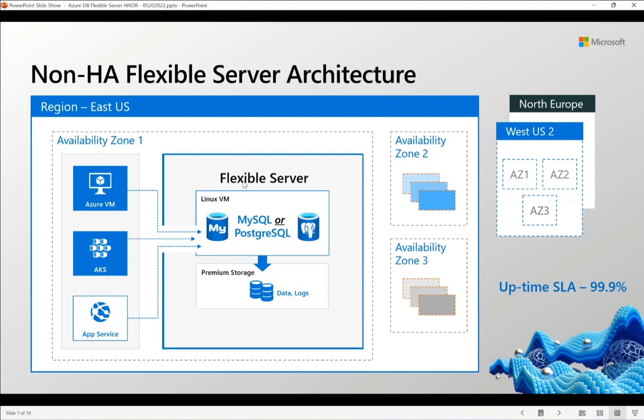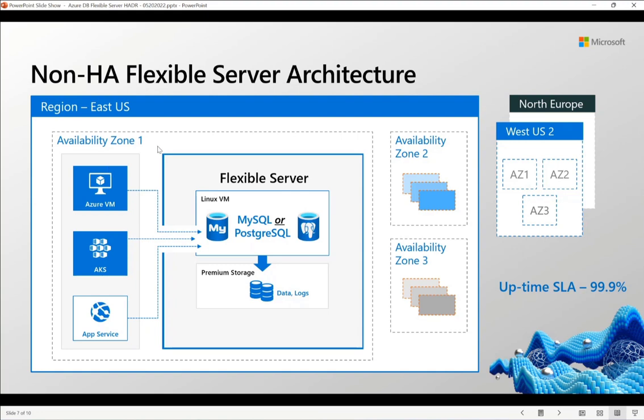And during the provisioning, you can select where you want to provision this instance. So in this case, we are selecting zone 1. Now on the application side, you have options to deploy your application on VM, on AKS, or app service. And in either case, you have the option to select which zone you want to use to provision your application.